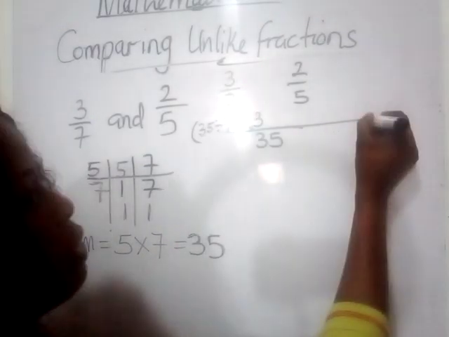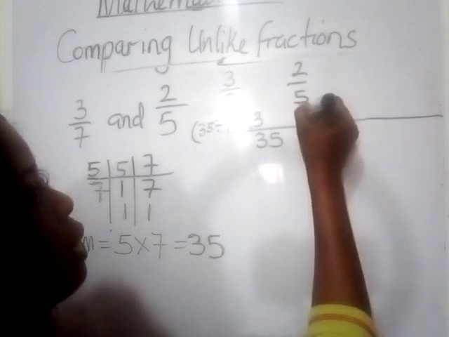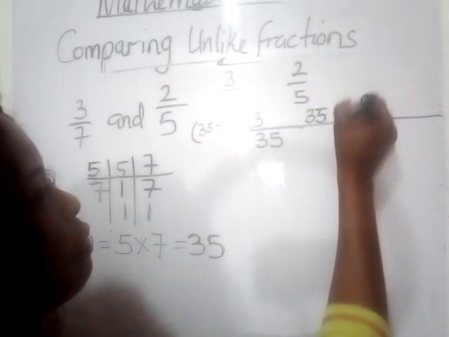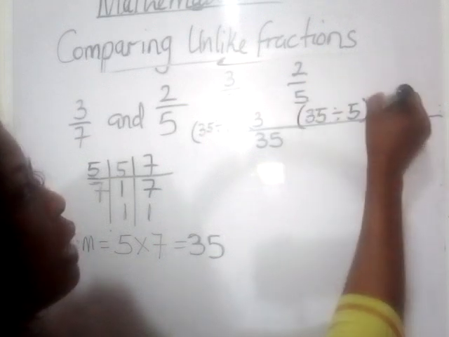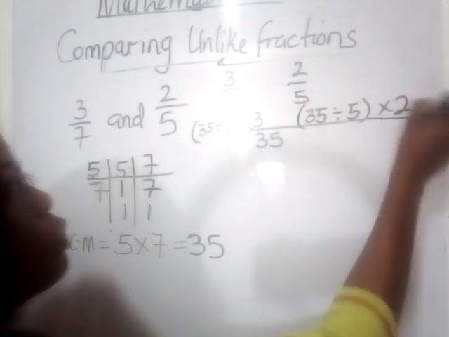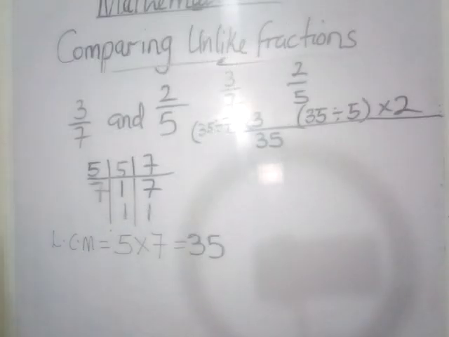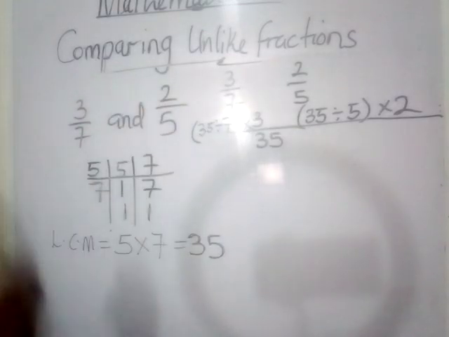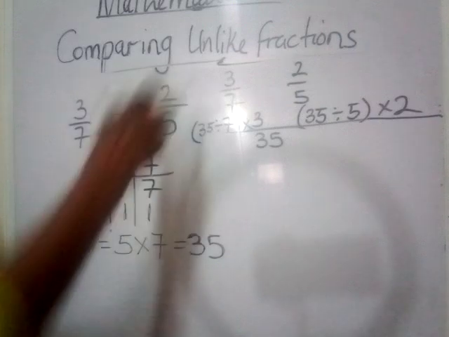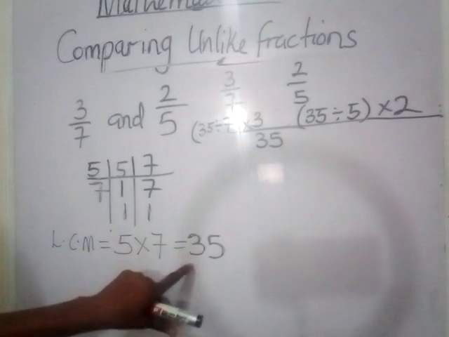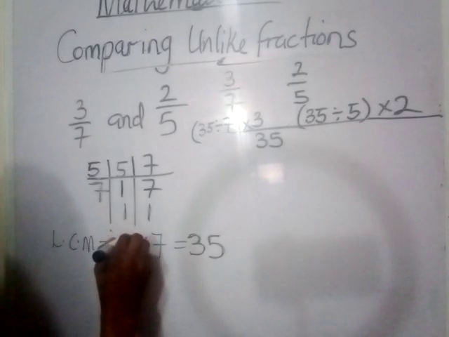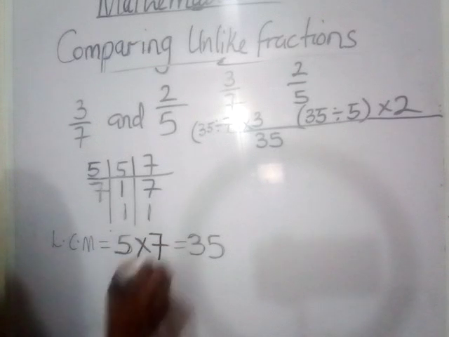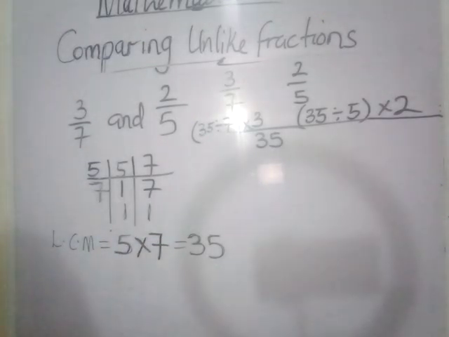And for the second number, it will be 35 divided by 5, whatever answer you get, times 2. I'm just trying to write this out so that once you see this, you'll see the process involved. Once you have gotten your LCM, this is how you convert the fractions to like terms in order to be able to compare.